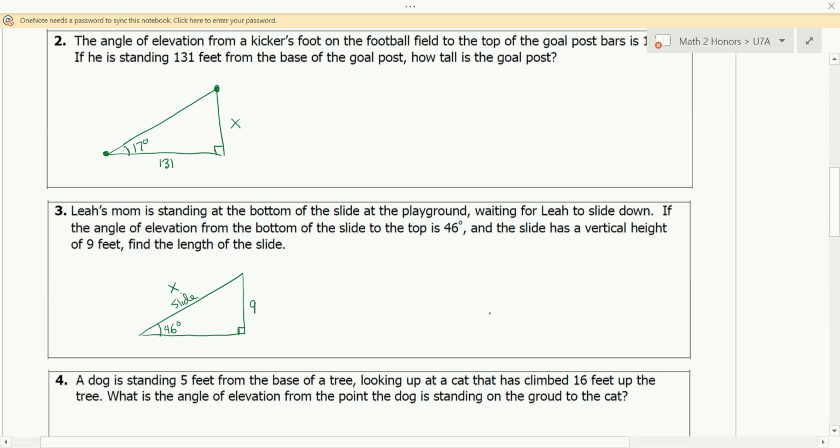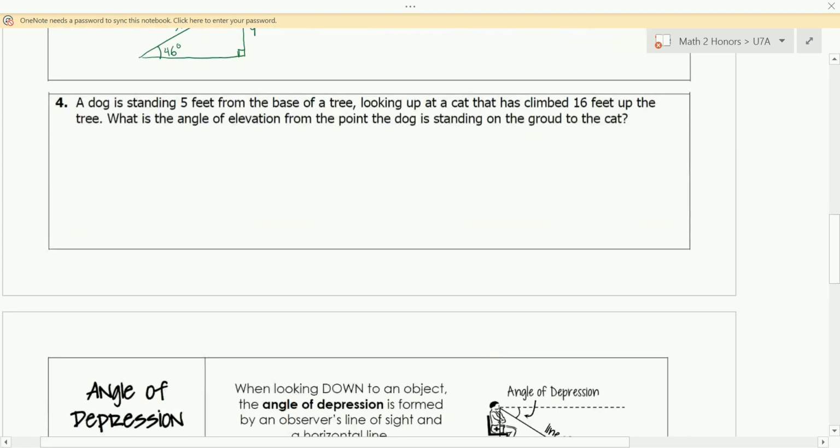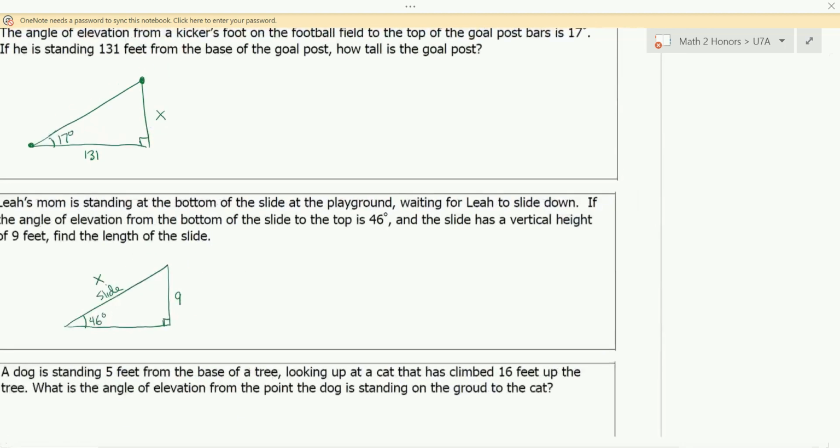By the way, in general, you got to know this vocab. If I'm talking about the distance from A to B, this would be the distance. But if we form a right triangle here, this is called your horizontal distance.